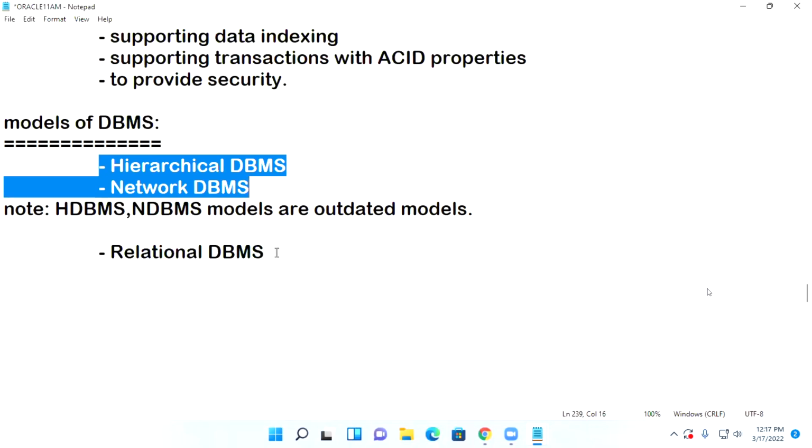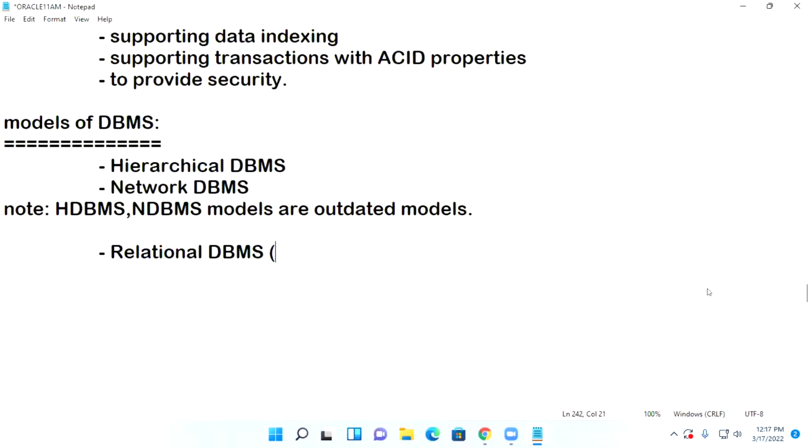And the relational model is from the 1970s. From the 1970s onwards, this relational model has been ruling the entire universe. But whatever model was introduced by people in the 1970s, again they classified it into two parts. This is very important for you, because your Oracle comes under which part?